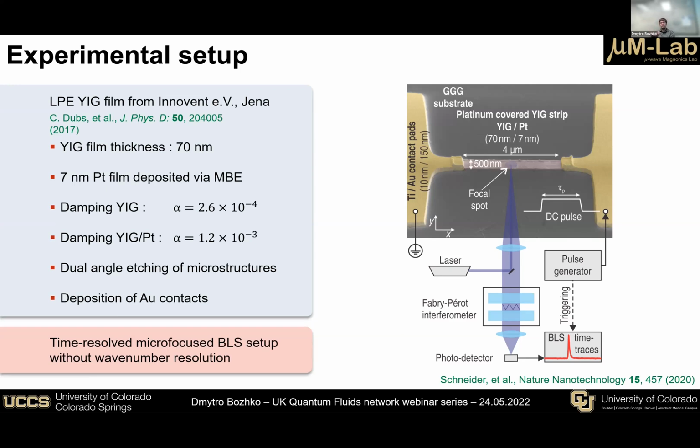That's why wave vector resolution was obviously not possible, because of the uncertainty in wave vector due to the small spot size. But we still have frequency resolution, and we still observe it with BLS, obviously.